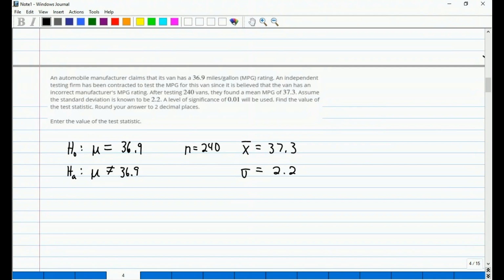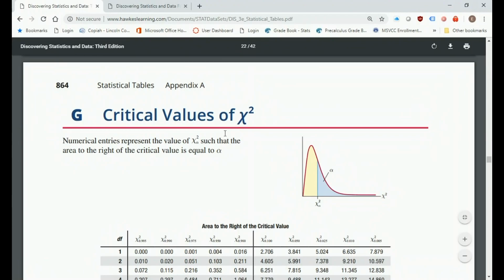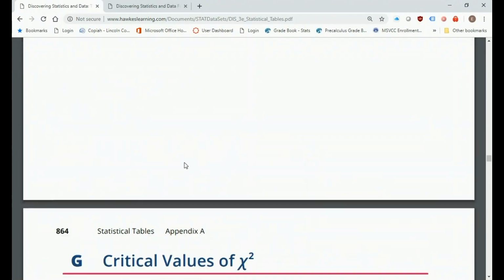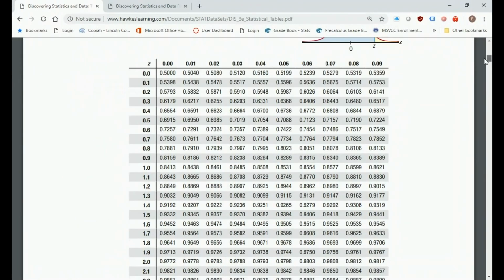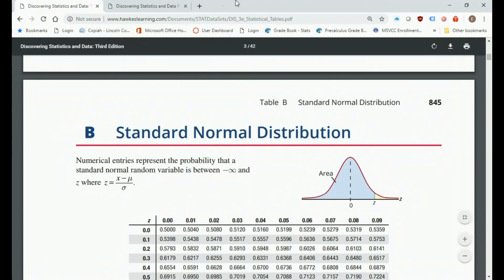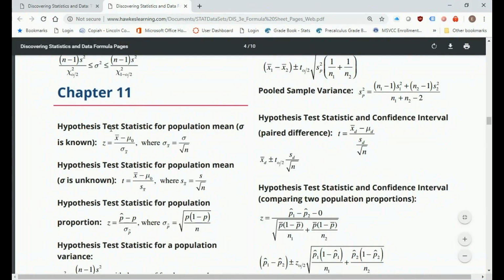All right, so we need to now pick out the right formula. And again, I see this as a z. Actually, let's pick out the formula and then we'll look for the critical z. All right, so here we are. Hypothesis test for a population mean, where sigma, that's the population standard deviation, is known.